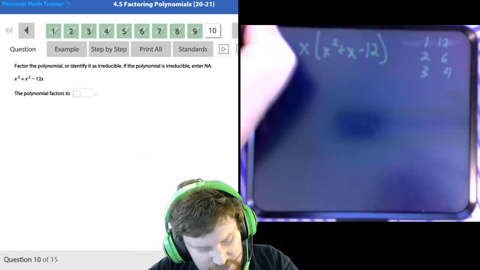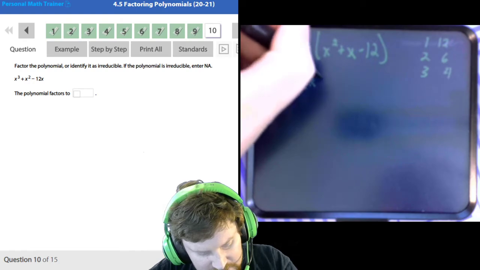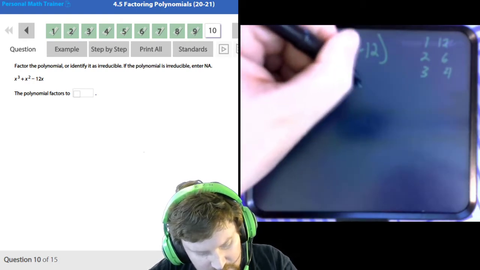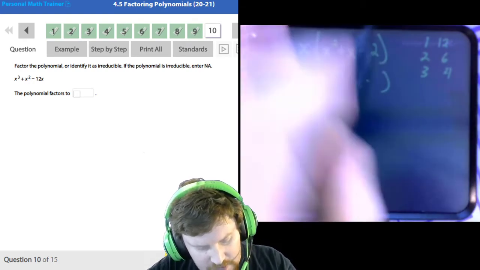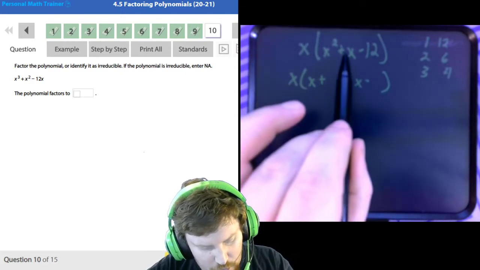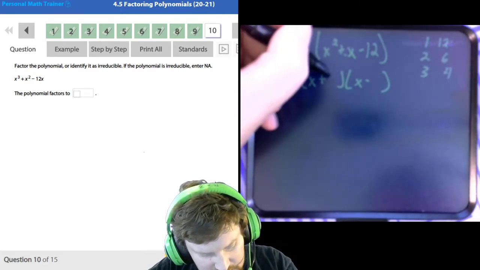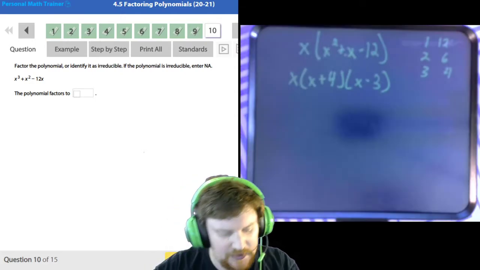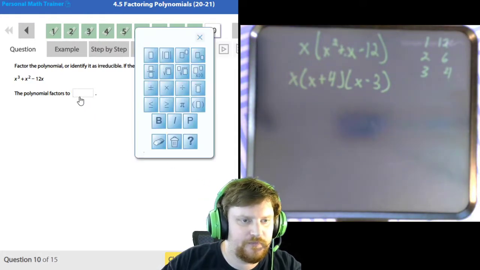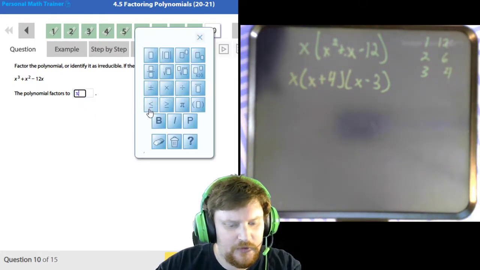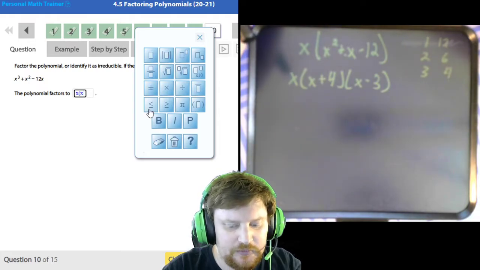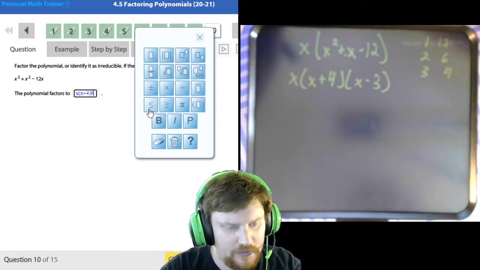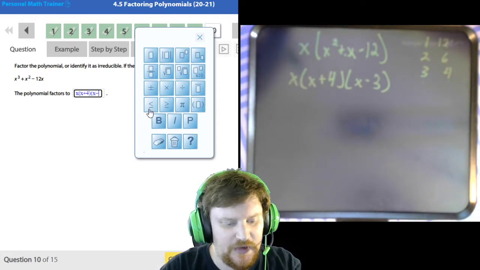This is negative, so this factors into x plus a number, x minus a number. The numbers 3 and 4 are 1 apart, and the positive one needs to be bigger. So that gives us x plus 4, x minus 3.